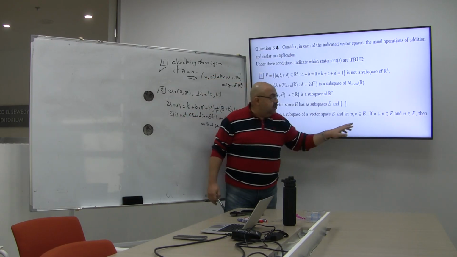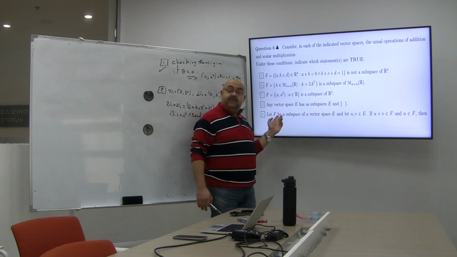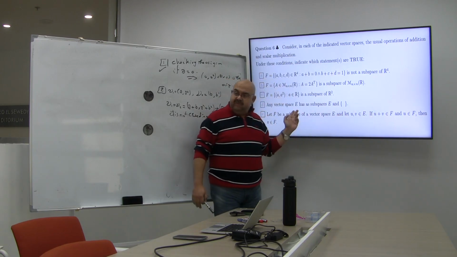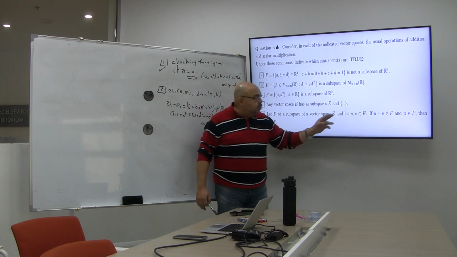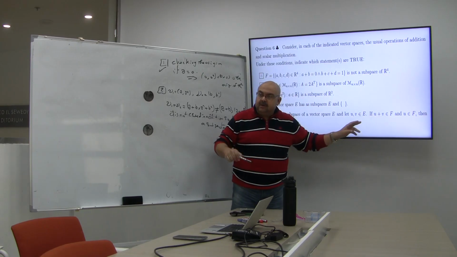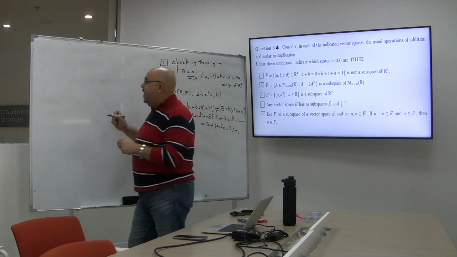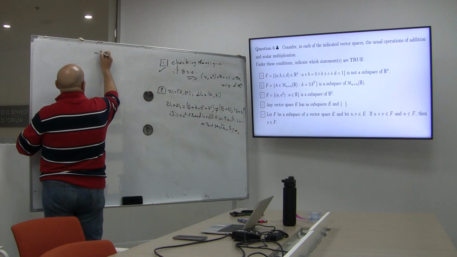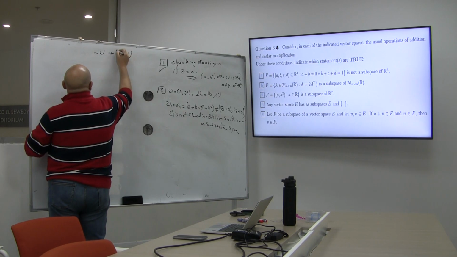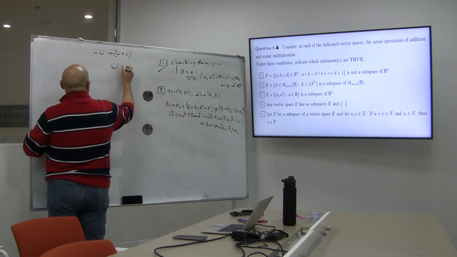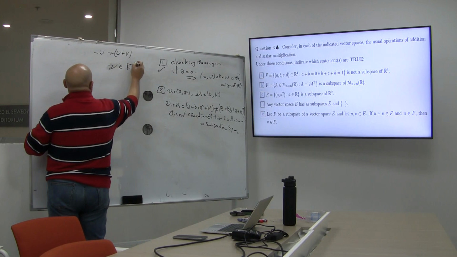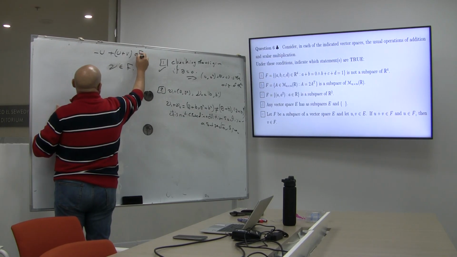Now you have U, which belongs to F, and the sum of U and V belongs to F. Since U belongs to F, the negative U belongs to F. So if we add negative U to the vector U plus V, the result will be V, which belongs to F. Am I right?